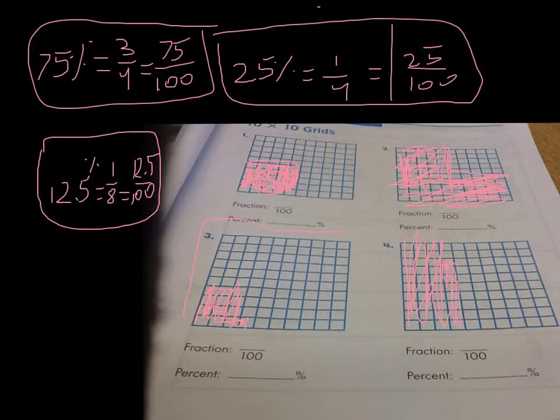And we have the half square there. And that's 3/8. So we know that 37.5% is equal to 3/8, which is equal to 37.5 per 100.